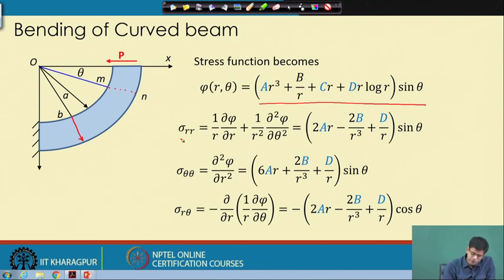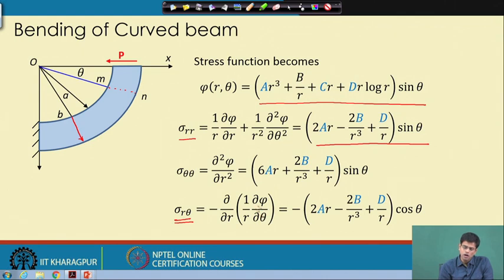If we compute sigma rr from this stress function phi, it is of this form, which involves 3 constants a, b and d. Similarly, sigma theta theta, which is del square phi by del r square, also involves a, b and d. Now, contrary to the previous case, sigma r theta is not 0, because phi is a function of r and theta also.